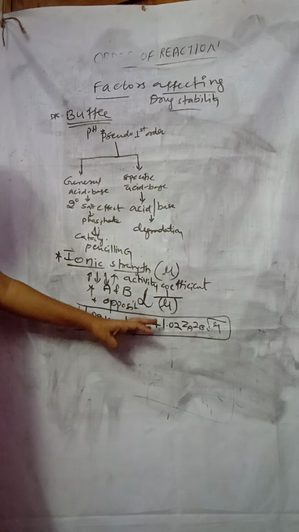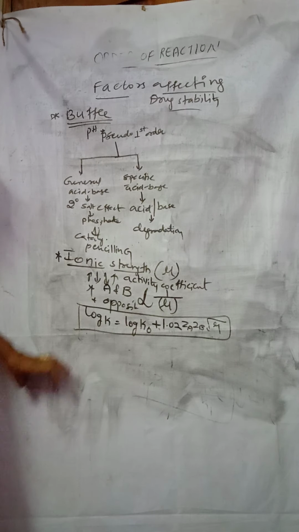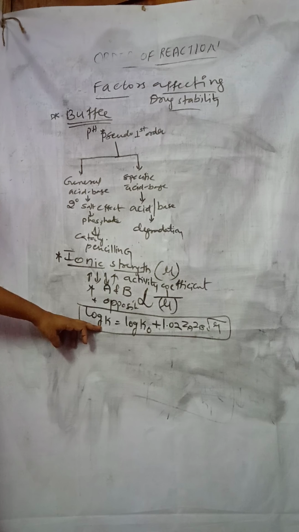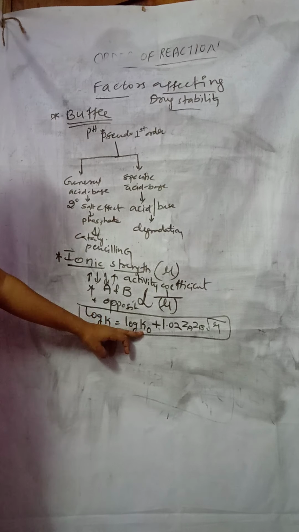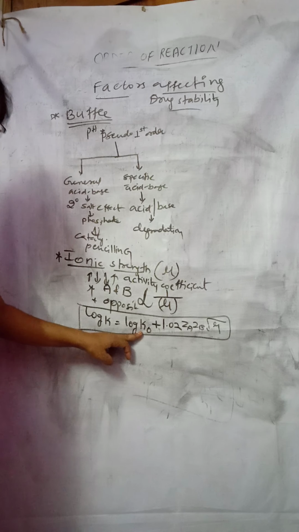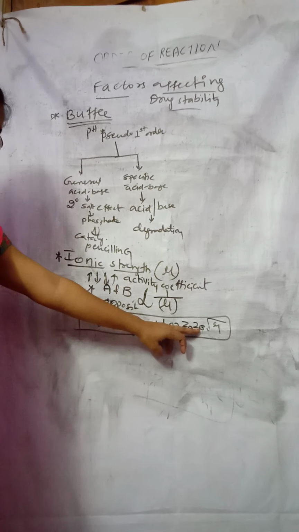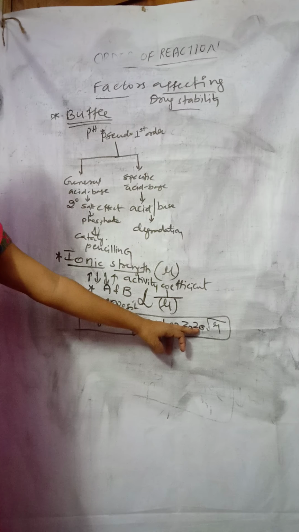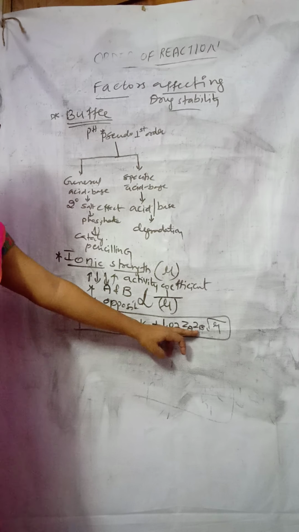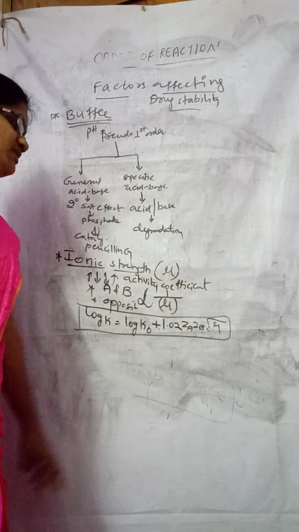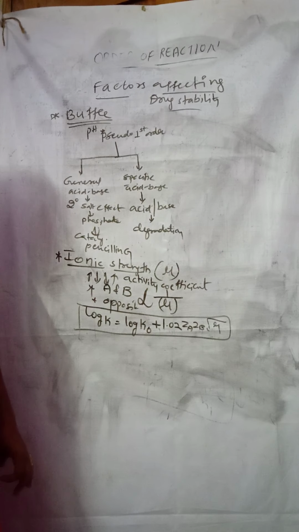So now we will see the terms involved in this equation. K is the rate constant of the degradation. K naught is the rate constant at infinite value of mu. ZA and ZB are the charges present on reactant A and reactant B respectively, and mu is the ionic strength.